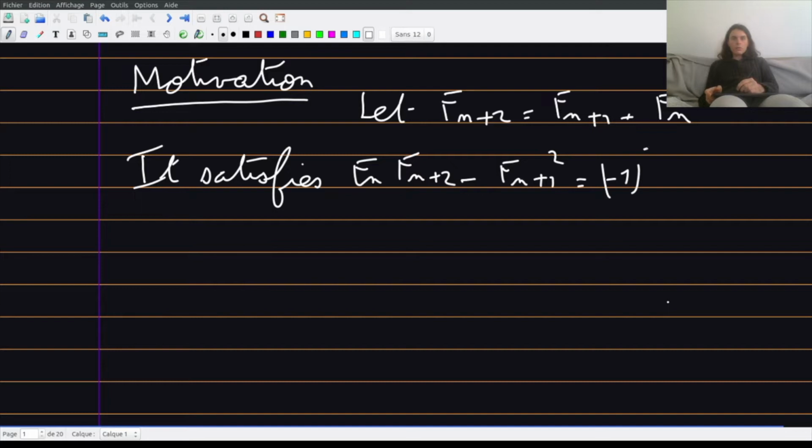Of course, if I give you this functional equation and ask you to prove it, it will not be very hard. You can just replace f of n plus 2 by the formula and then make an induction proof. But it leaves two questions.